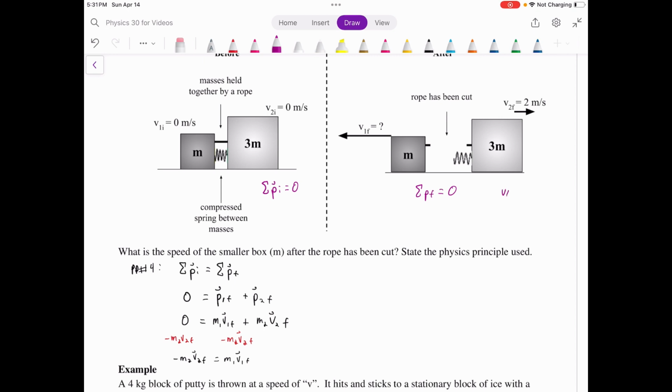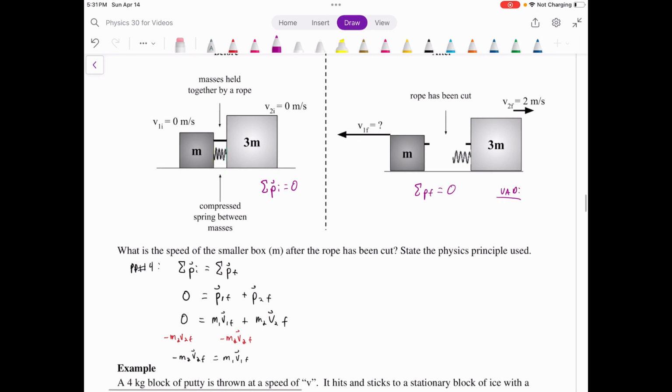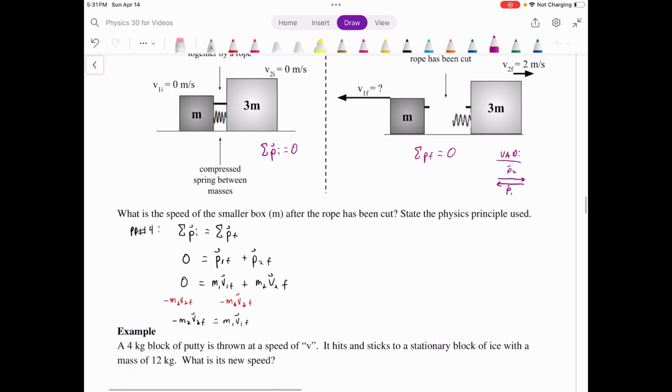If we were to draw a vector addition diagram, we know they have to still add to 0. Object 2 has a momentum to the right, so object 1 must have a momentum just as large to the left, so that the resultant, the net momentum, is 0.